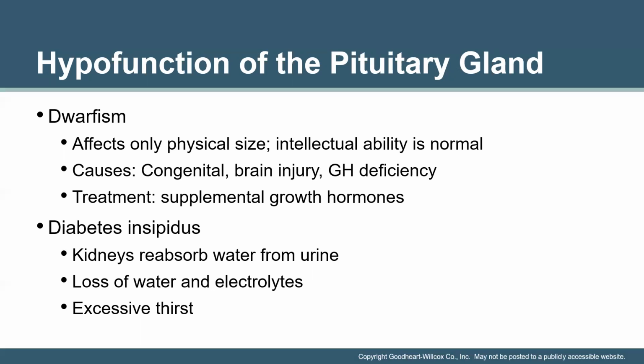This has to do, by the way, with an ADH dysfunction. And when we say reabsorb water from the urine in this slide, we're saying that it's not pulling water back into the body effectively, okay? The antidiuretic effect has been lost.